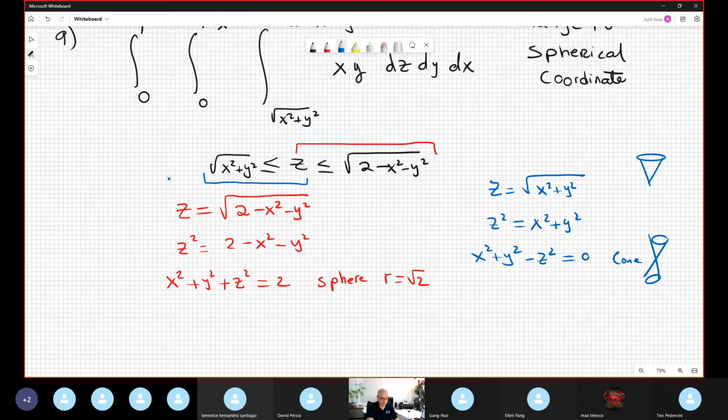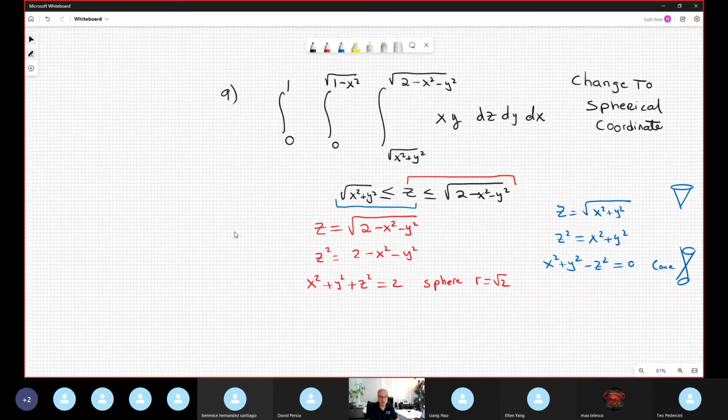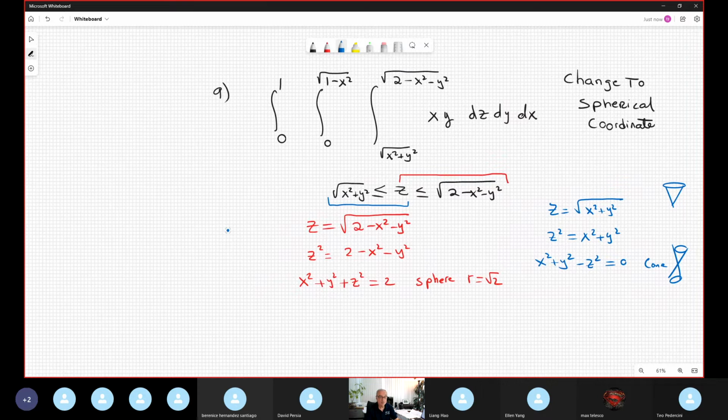Everyone follow me? So I am ready. Well, almost ready to understand the solid. Okay, this student set up the triple integral. Okay, this is my three-dimension Cartesian coordinate x, y, and z. 3D picture. Okay, so we have a sphere.